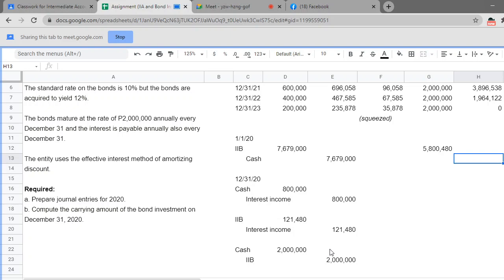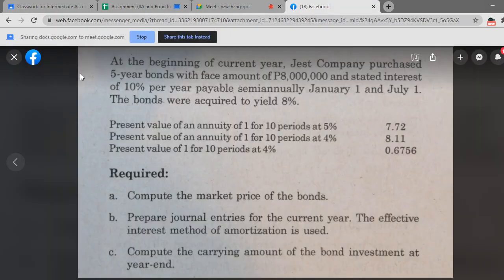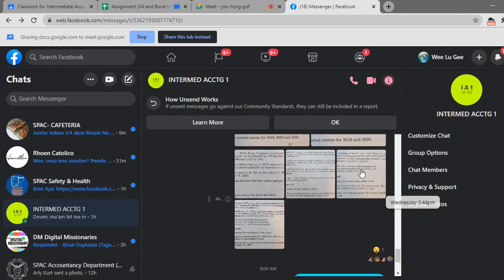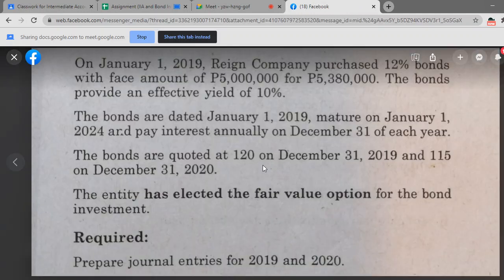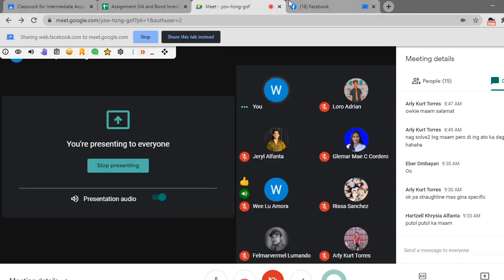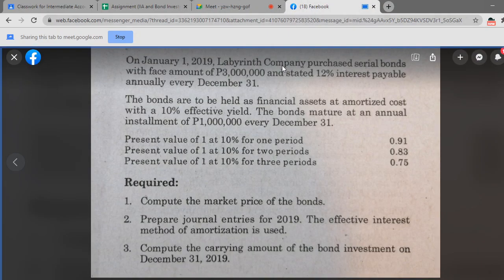Now let's proceed to Labyrinth Company. This is one of the problems that I shared with you yesterday. Okay, for your drill, for those who have not completed their perfect points, please provide question number 1.